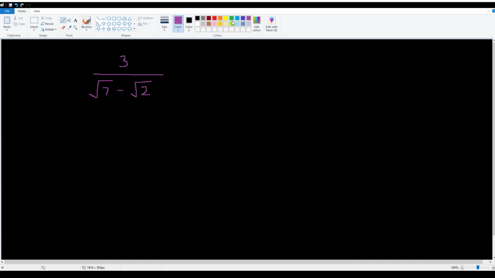So in order to rationalize this denominator, we are going to need to multiply by the conjugate, meaning take whatever's in the denominator and just change this middle sign. So instead of multiplying by just radical 7 or just radical 2, we're going to multiply by the radical 7 plus the radical 2. And we're going to do that on top and on bottom.